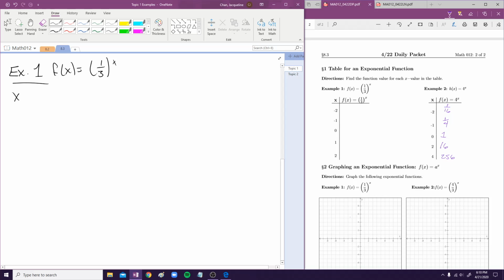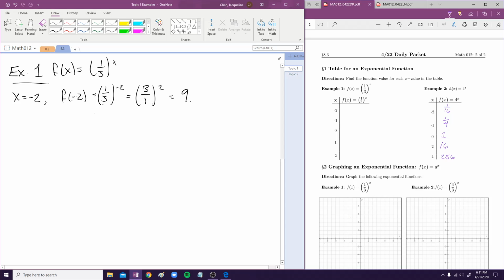If x is equal to -2, that means f of -2 is equal to (1/3) to the -2. Since there's a -2 here, I just put it to the bottom. So this becomes 3 over 1, squared, which is 9.